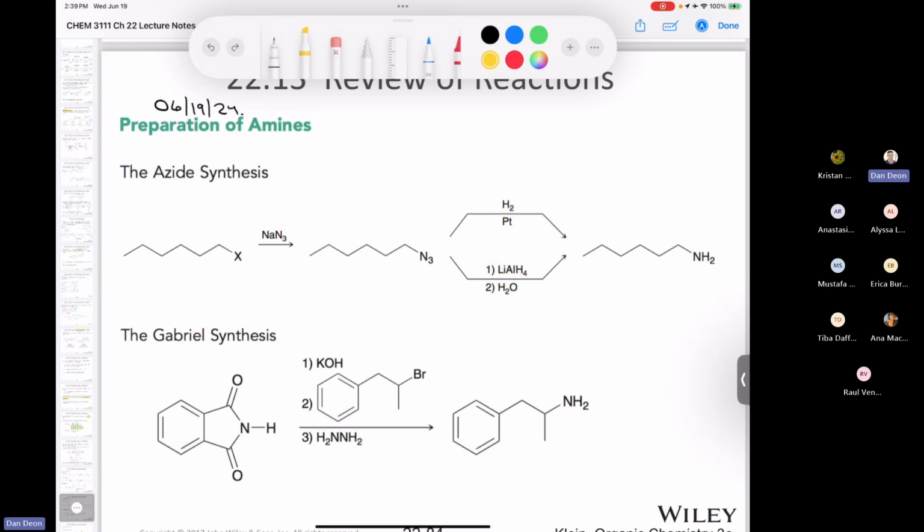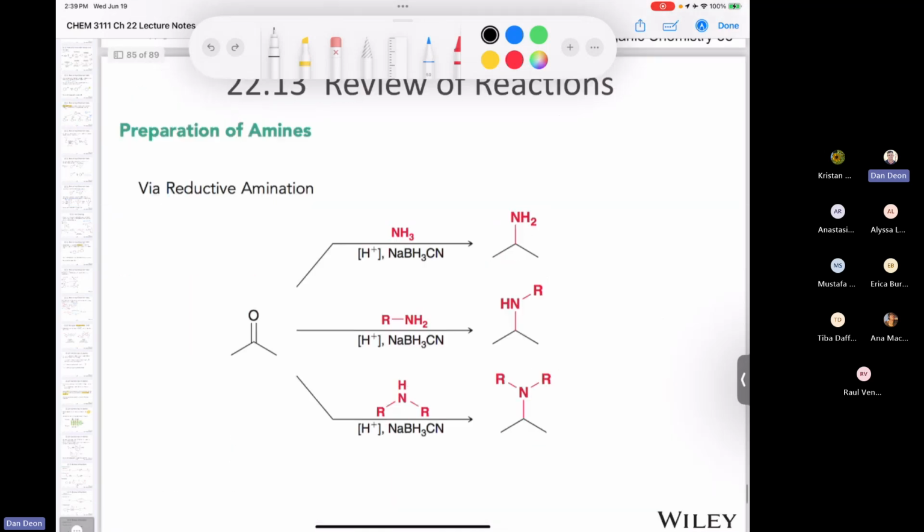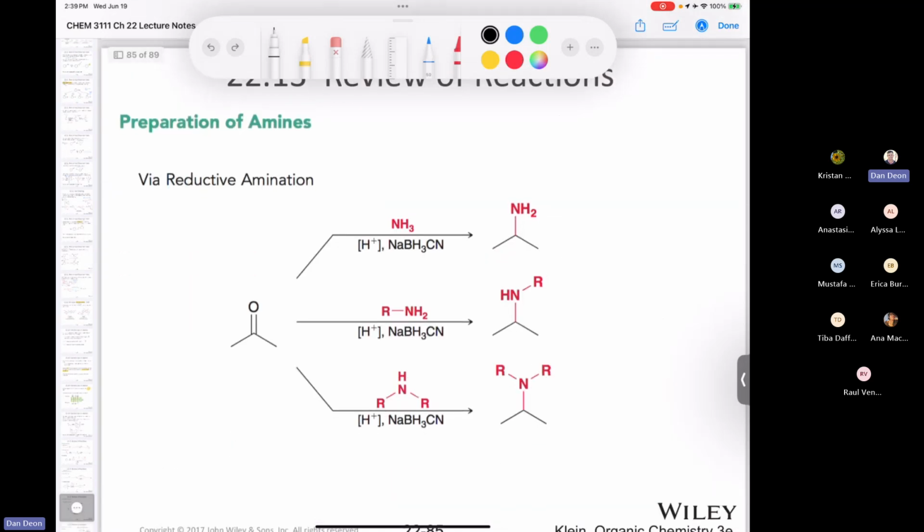We talked about Gabriel synthesis, where you use phthalimide, make potassium phthalimide, then treat it with a methyl, primary, or secondary alkyl halide, and then hydrazine in the last step, because it's just one step as opposed to acid, which is two steps. Then we looked at reductive amination, which just involves an amine, a catalytic amount of acid, and sodium cyanoborohydride.